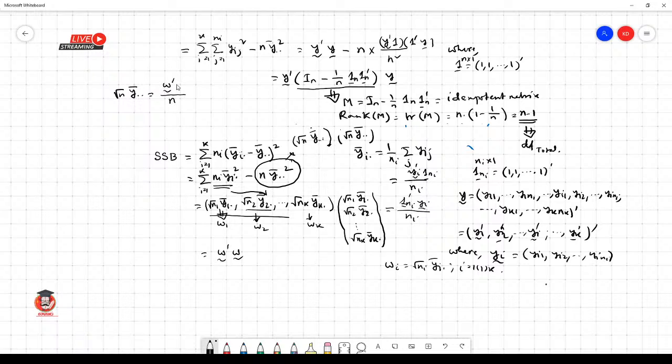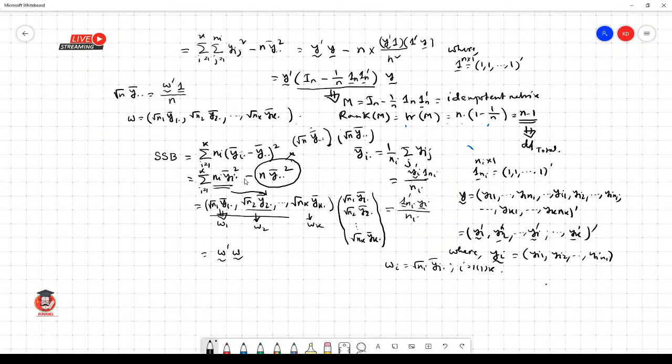W curl prime 1 curl. Clear? Because you see that W is root over n1 y1 dot bar, root over n2 y2 dot bar, root over nk yk dot bar.